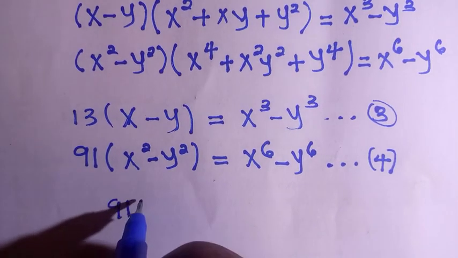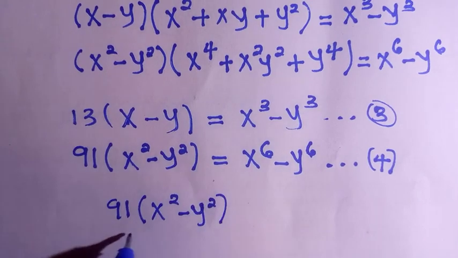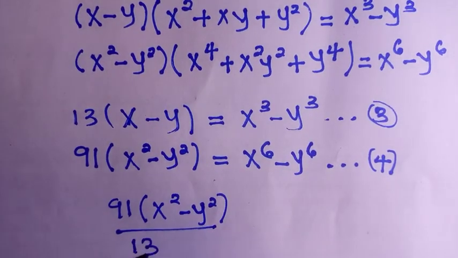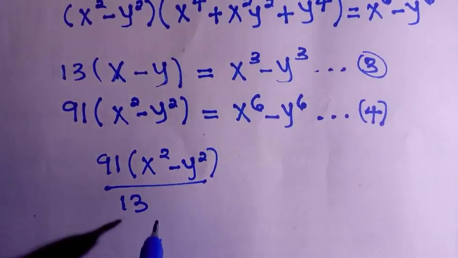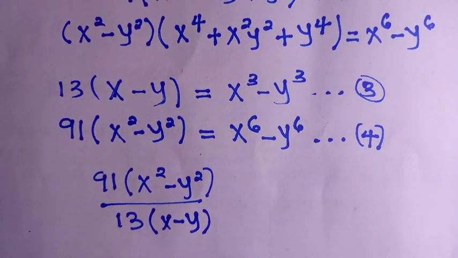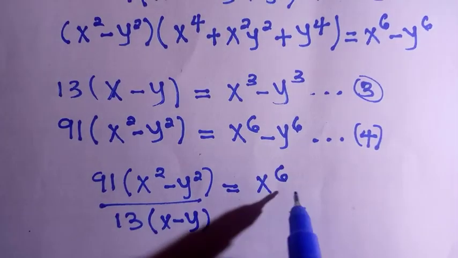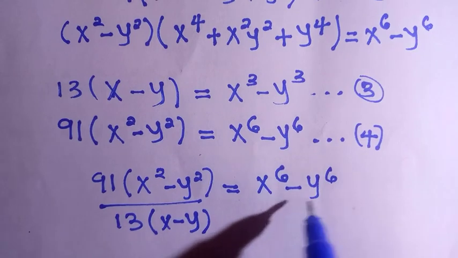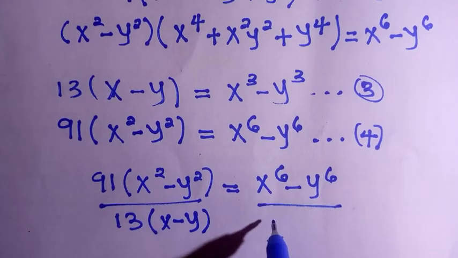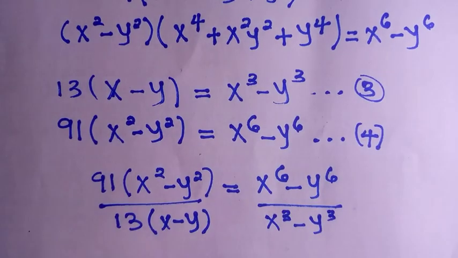Then we have 91 times (x raised to power 2 minus y raised to power 2) divided by 13 times (x minus y), and this equals x raised to power 6 minus y raised to power 6 divided by x raised to power 3 minus y raised to power 3.